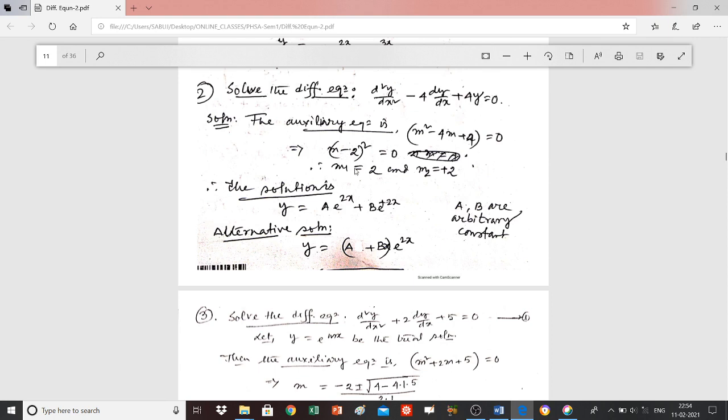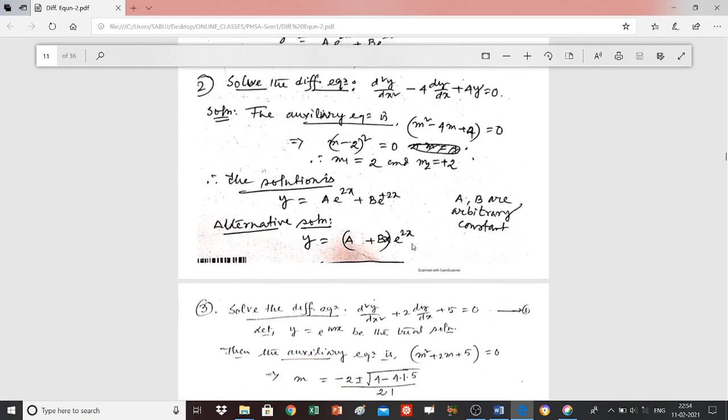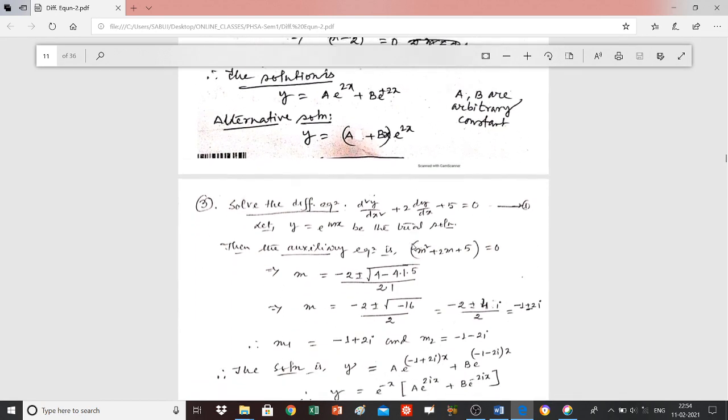That means m1 and m2 are both equal, with a value of 2. In that case, the solution will be y is equal to a e to the 2x plus b e to the 2x, where a and b are arbitrary constants. And the alternative form, as we have already discussed, is y is equal to a plus bx times e to the 2x. So this is the solution.